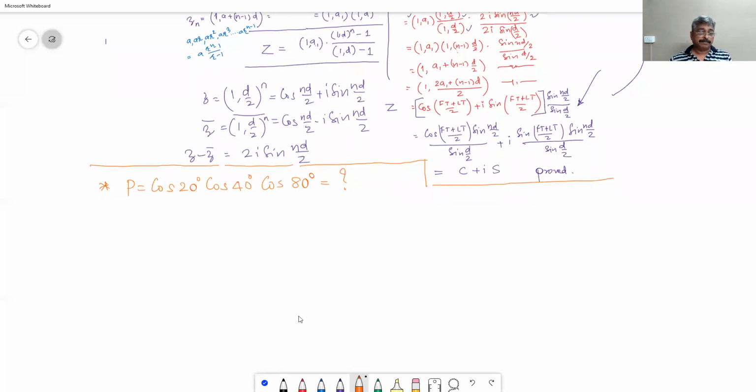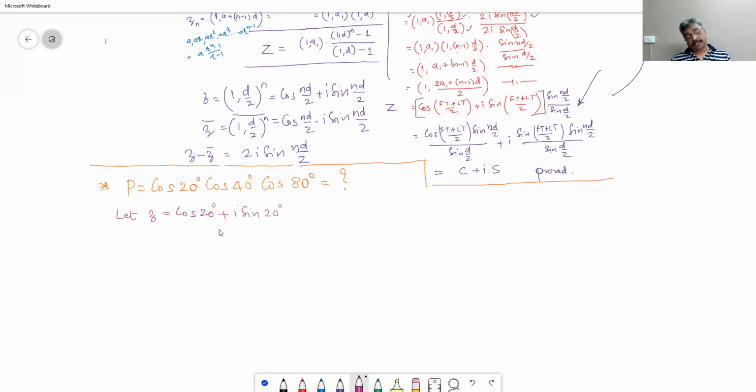Now let Z is equal to cos 20 degree plus I sin 20 degree.